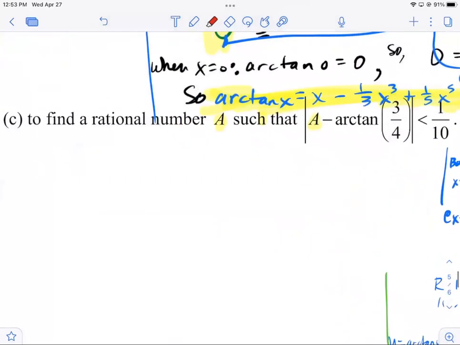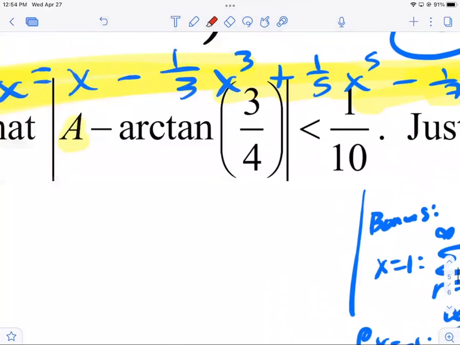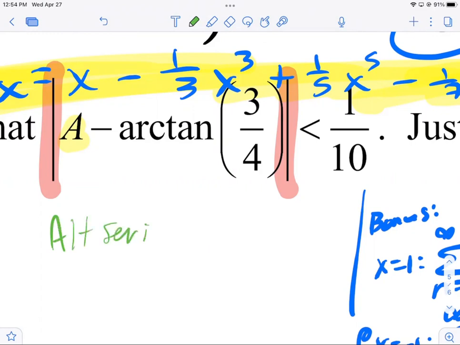Okay, let's decipher. Find a number A such that when you take that number and you subtract arctangent of 3/4 from it, you get a number, a tolerance that is within 1/10. Okay, I need some number minus arctangent of 3/4 to be less than 1/10. This is your alternating series remainder.